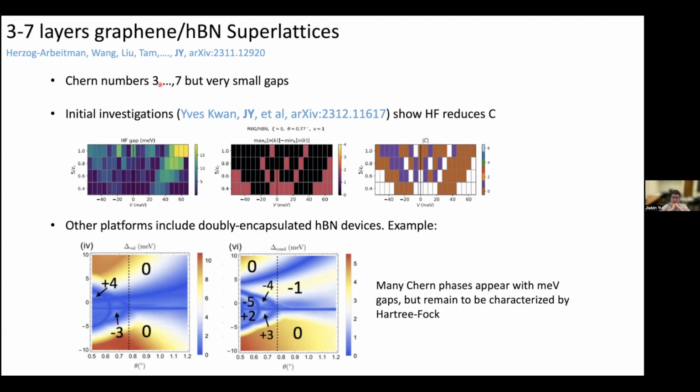At Hartree-Fock level, we just did a preliminary study of these other layers. We see it always reduced to Chern number 1. We don't really see other Chern numbers right now for nu equals 1 for the conduction band. Currently, we are also working on the valence band, because Longju has some extra data on 4 layers, the valence band. Currently, I cannot comment too much on that.